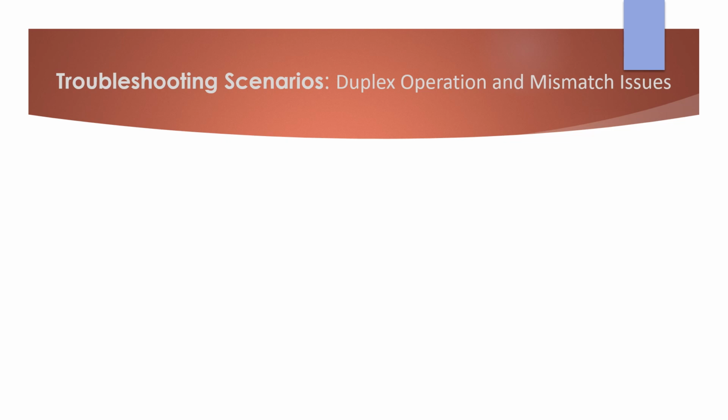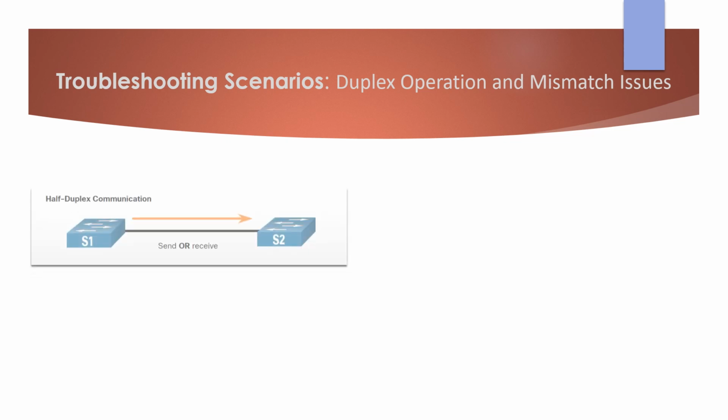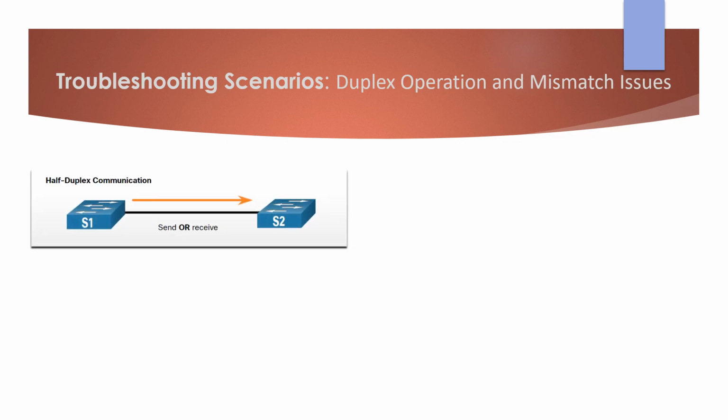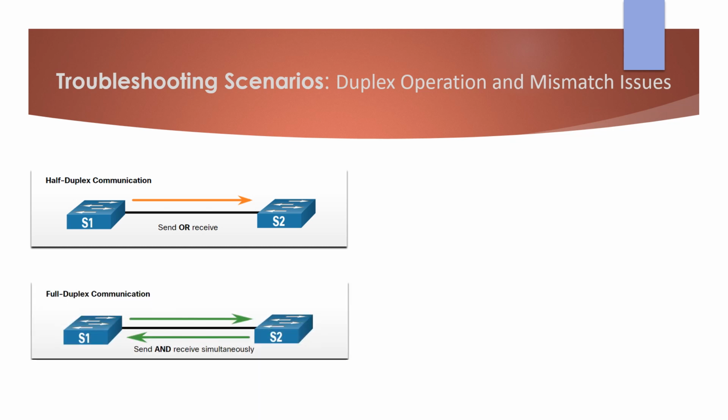We have two duplex communication modes. We have half duplex communication, where the communication is restricted to exchange of data in one direction at a time. And we have full duplex communication, where communication is permitted to be sent and received simultaneously.